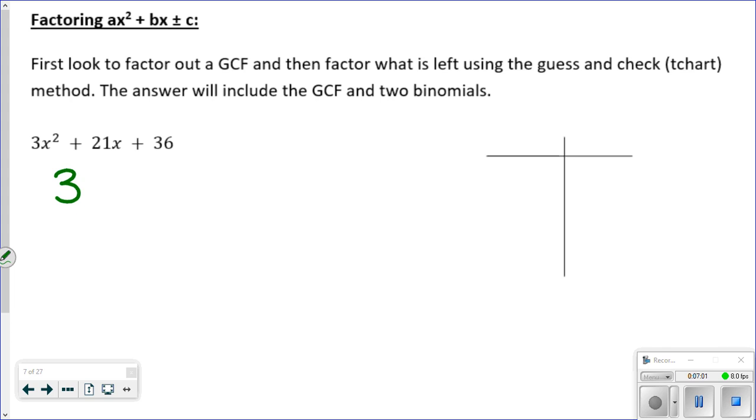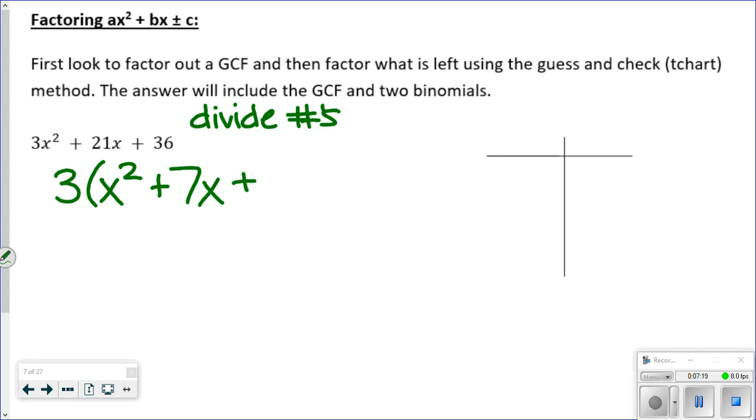And they don't share a variable, so I can't pull out an x. So we're going to leave it. Remember, we need to divide our coefficients, divide our numbers. So 21 divided by 3 is 7. 36 divided by 3 is 12.